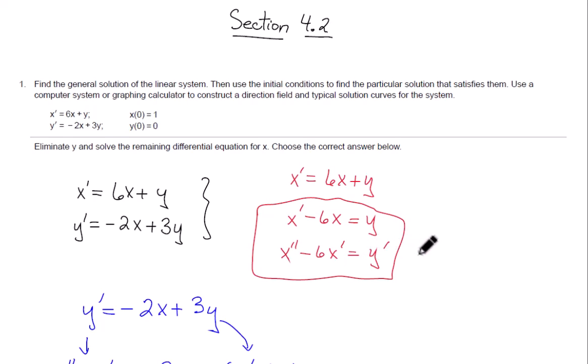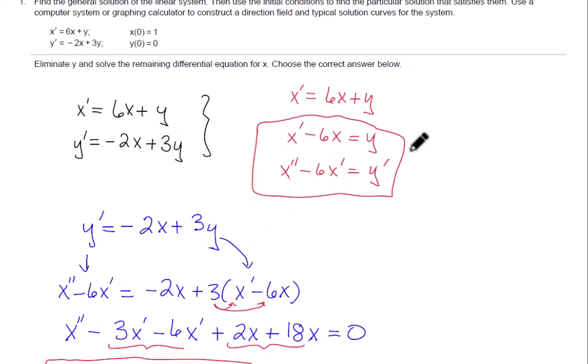All right, but what do I know about y prime? Looking at that, I know y prime is this stuff, so fill that in. What do I know about y? Well, look back at this, and x prime minus 6x is y.